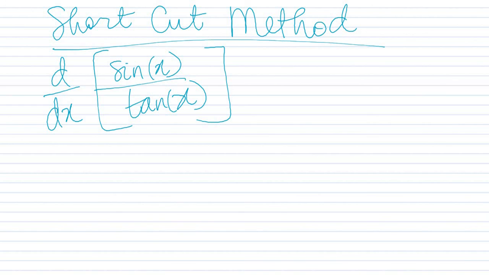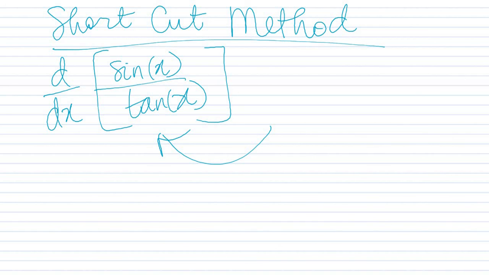Well, if you have watched my video on solving trigonometric functions using the product rule, you would see that I always simplify the function before we derive it. So that's what the shortcut method entails.